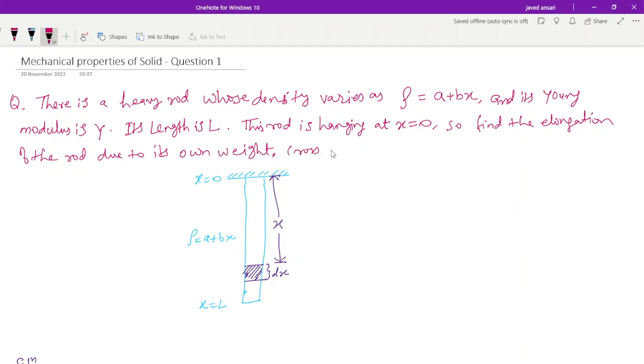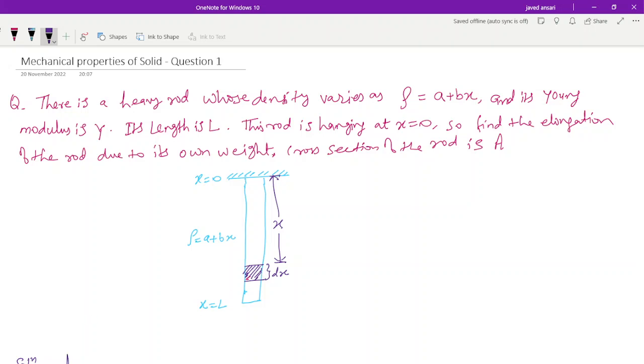Cross-section of the rod is A. So what will be the mass of this small portion?